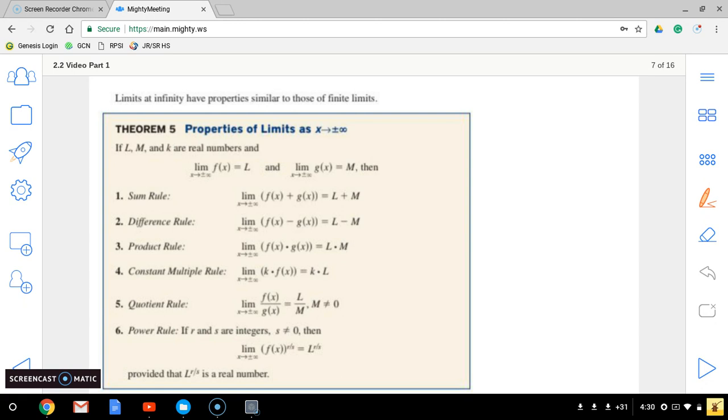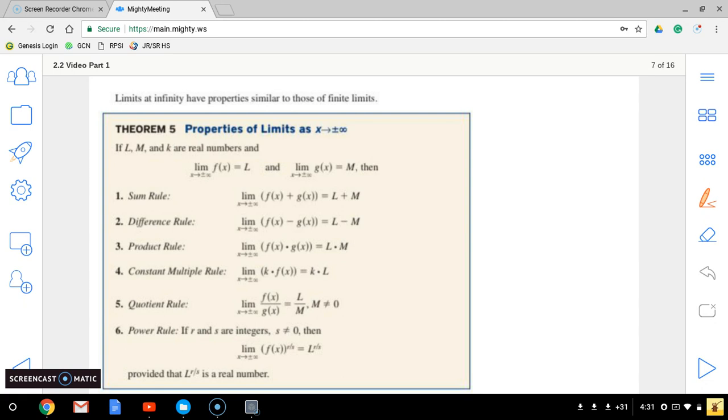Then the limits at infinity have properties similar to those of finite limits. So if L, M, and k are real numbers and the limit of f of x as x approaches positive and negative infinity is equal to L, and the limit of g of x as x approaches positive and negative infinity is equal to M, then we have the sum rule where we can add both of our limits, the difference rule where we can subtract both of our limits, and the product rule where we multiply them.